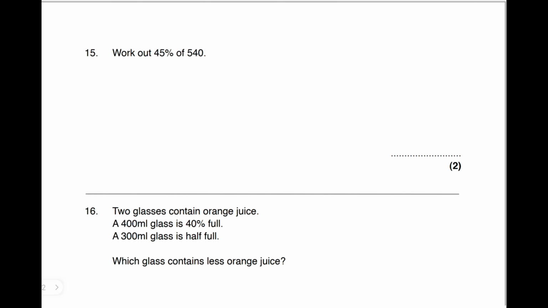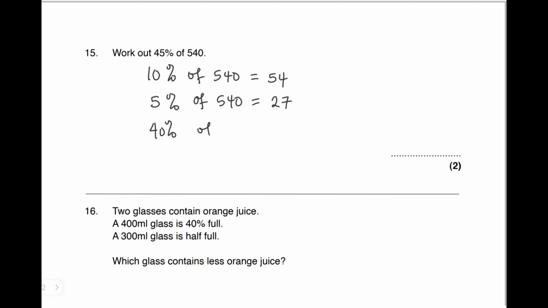Question 15. Work out 45% of 540. Again, we know that 10% of 540 is going to be 54, and 5% of 540 is going to be half of 54, which is 27, and that implies that 40% of 540 is going to be 4 times 54.